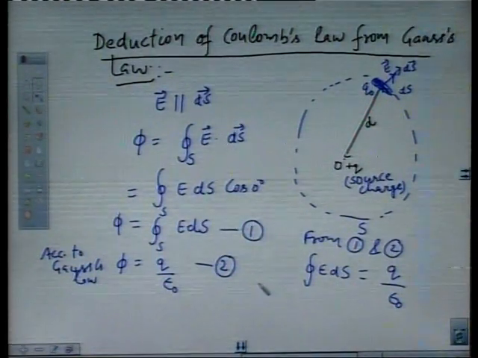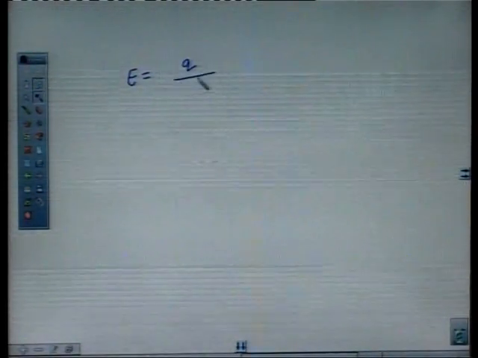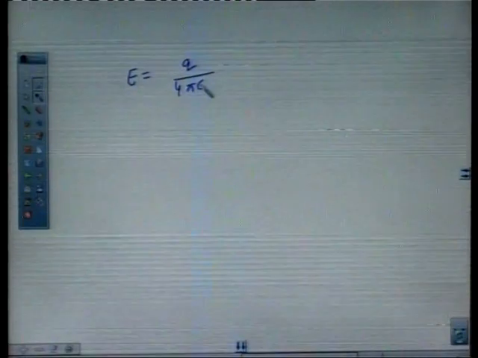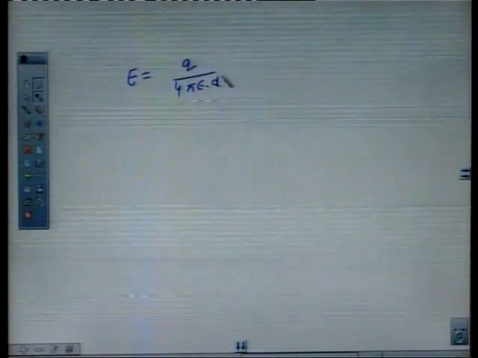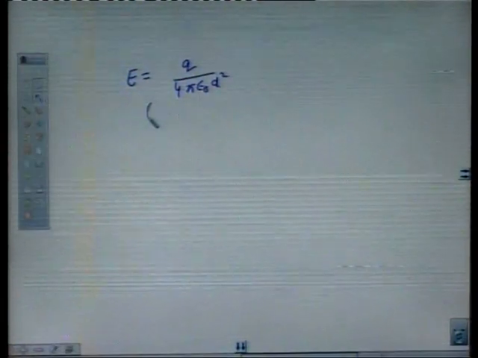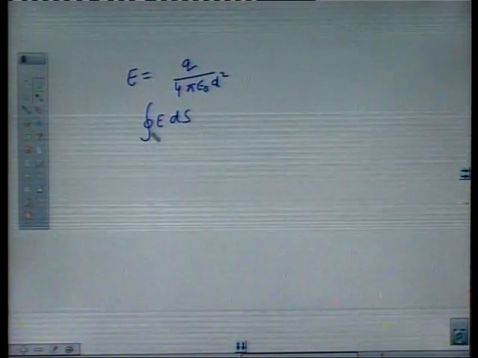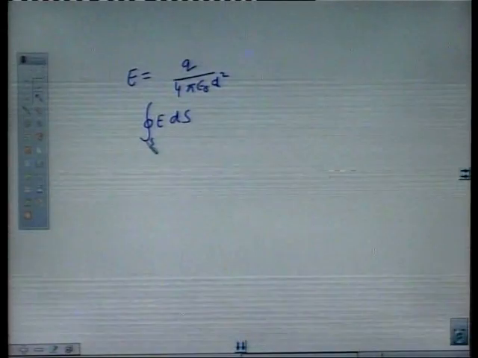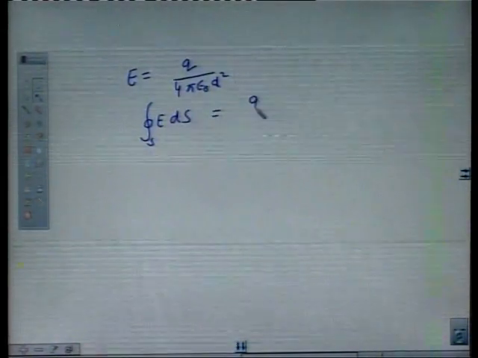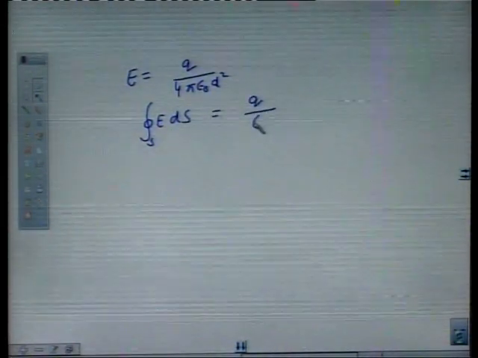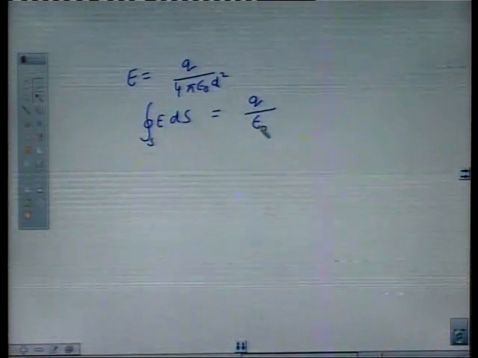Now E is equal to q upon 4 pi epsilon naught into d square. So E into ds, integration over closed surface S, is q upon epsilon naught.